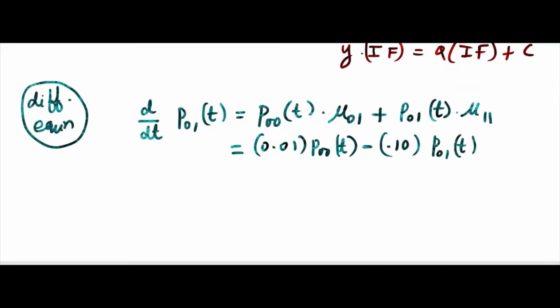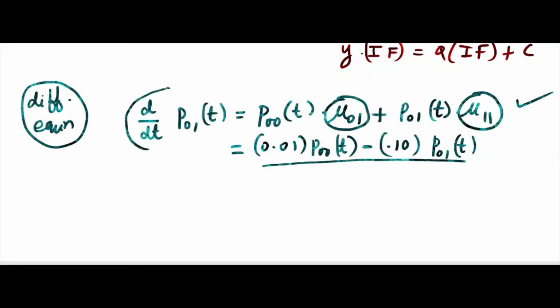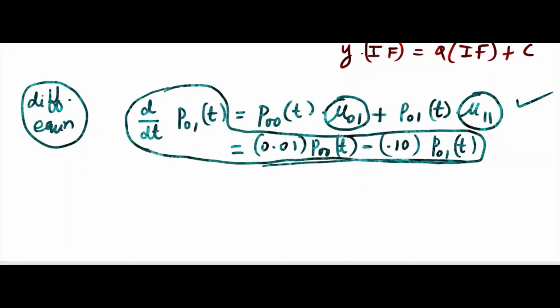See here the type of the equations, Kolmogorov's differential equations. On the left hand side p is there. On the right hand side you will have terms with p's and mu's. Mu's are the ones you get from your estimation. In this line you have only p's. This is a problem where you need to do a bit more than normal, because you have different things, P00, P01, and so on.